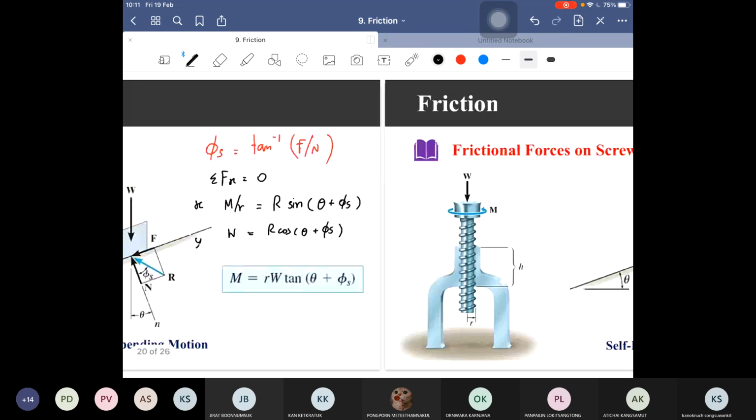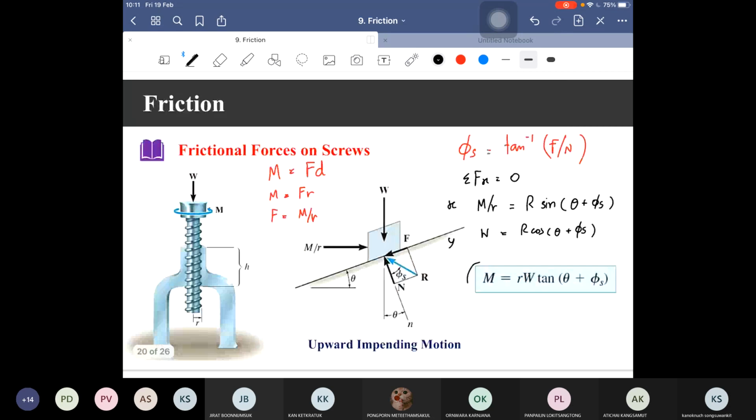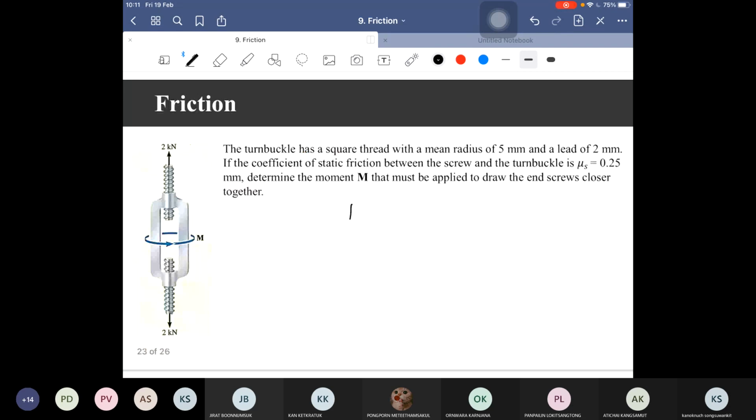So we have the equation M equals R W tan of theta plus phi s. But not only one moment, right? Because we have two screws to handle, above and below. So it must be multiplied by 2.